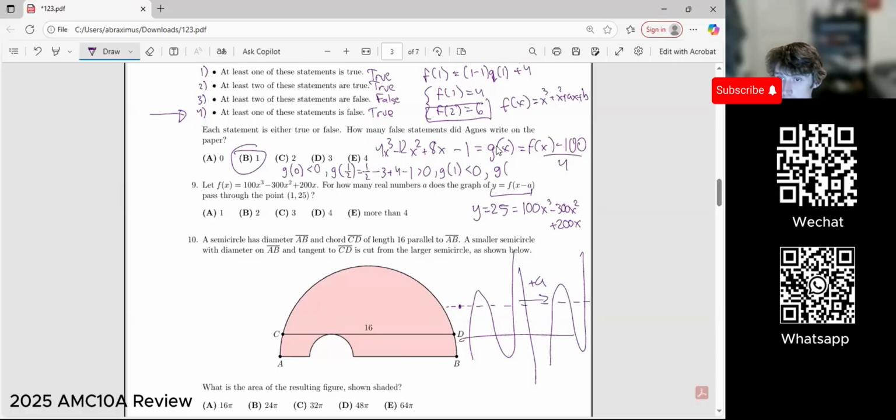And g of 100 is greater than 0. I'm not even going to try to compute it. It's just a really big positive number. But look, I found 4 values where it goes negative, positive, negative, positive.